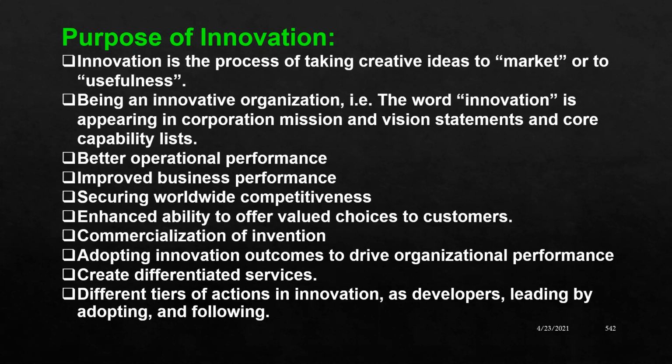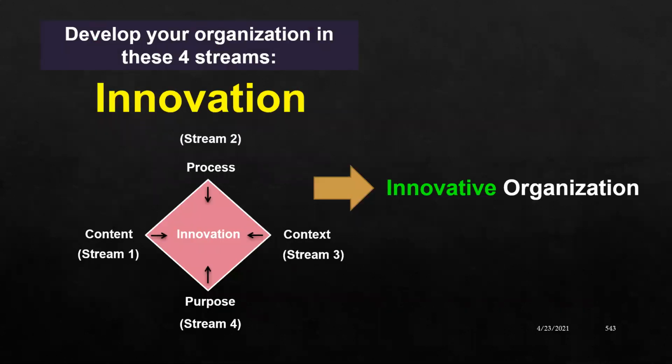Enhance the ability to offer value choices to our customers. Commercialization of inventions, as I have already explained, means you need to reach out to the market and get the acceptance of the market, and adopt the innovation outcomes to drive organizational performance, create differentiated services, as I have just explained, different directions in innovation, and so on and so forth.